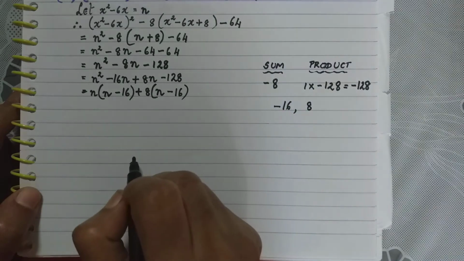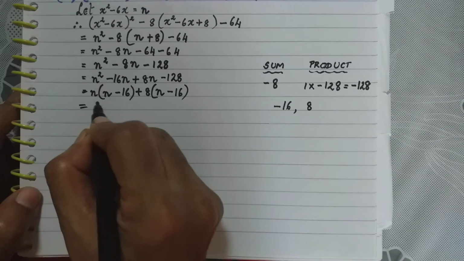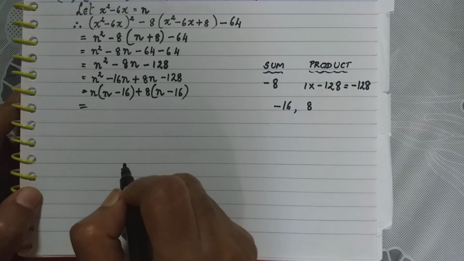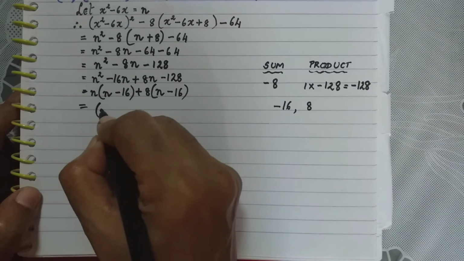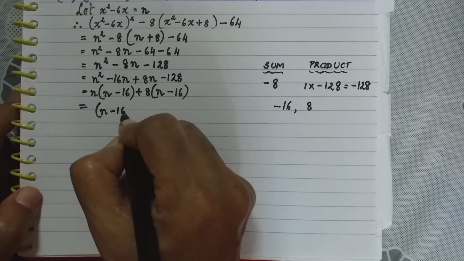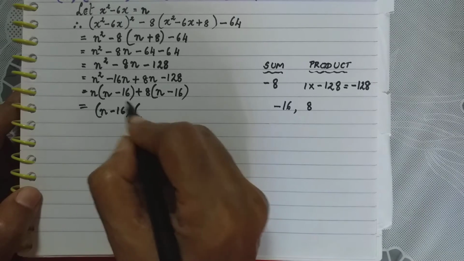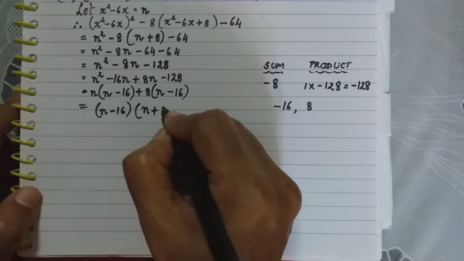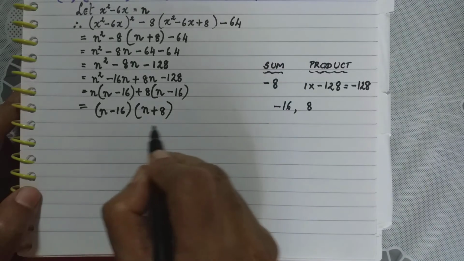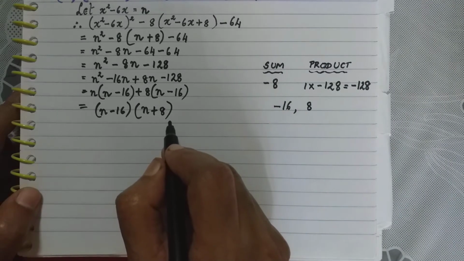So we get this. Now we look at this. There are two terms here. In both these terms we see n minus 16 is common. So n minus 16 is out. What is the other factor? N plus 8. Now once we get this, what is our next step?